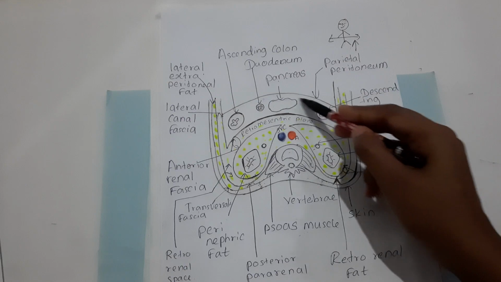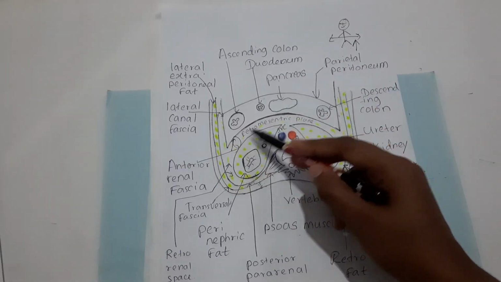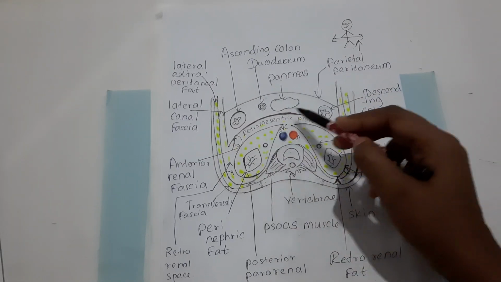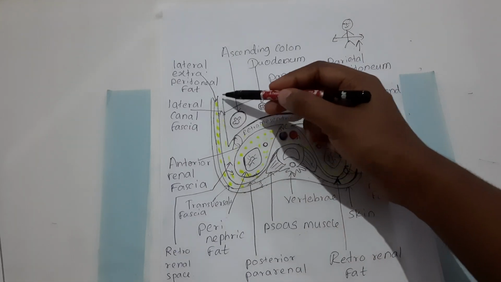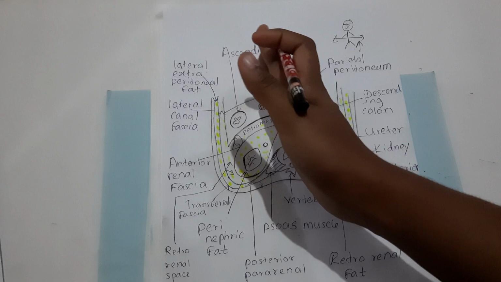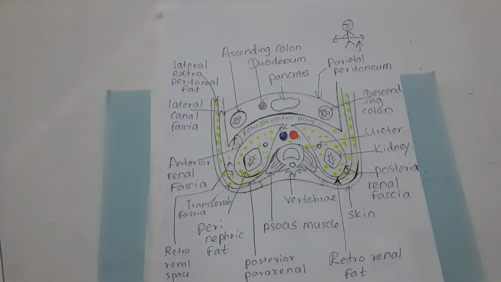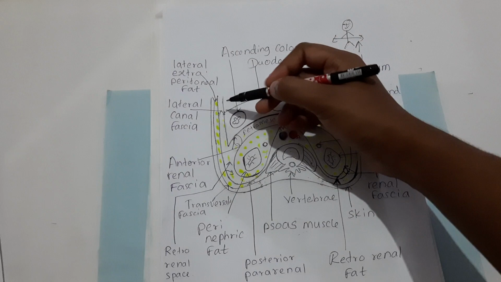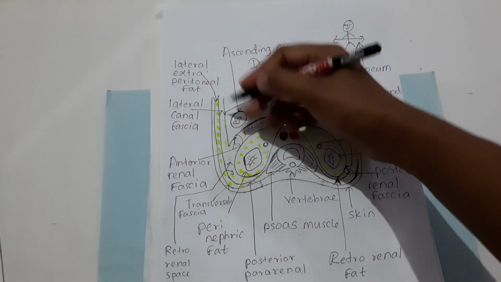Here this is the parietal peritoneum, and this also is the anterior renal fascia, these two. Here you can see the ascending colon and descending colon, and lateral to those colons there are two topographical structures we call lateral canals, right and left. Those lateral canals I will explain later.